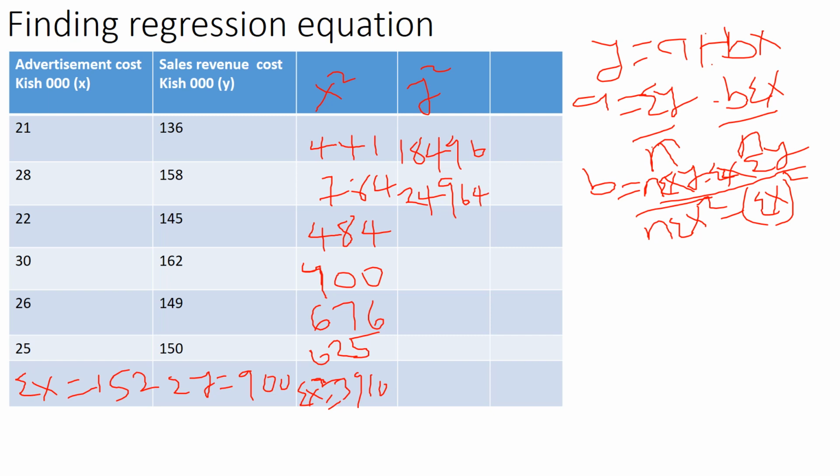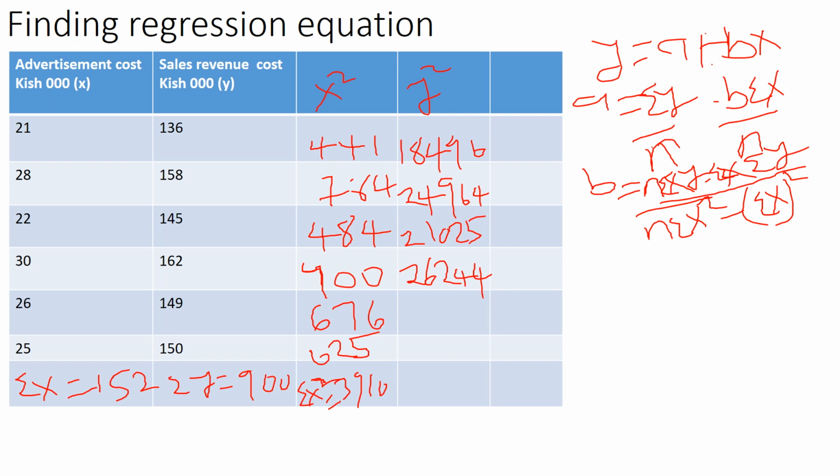Then I also square 145 and I get 21,025.